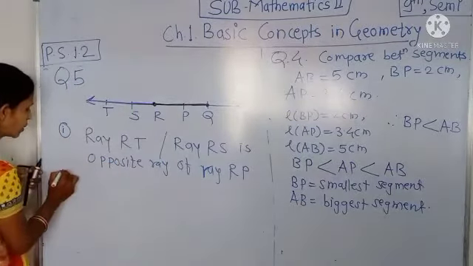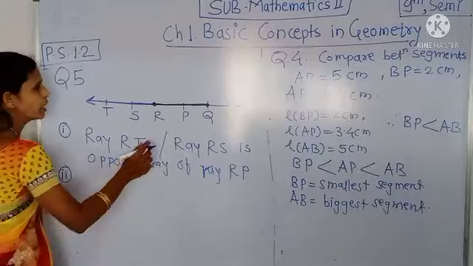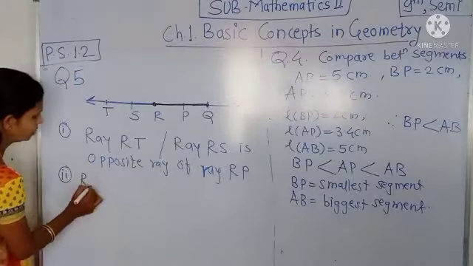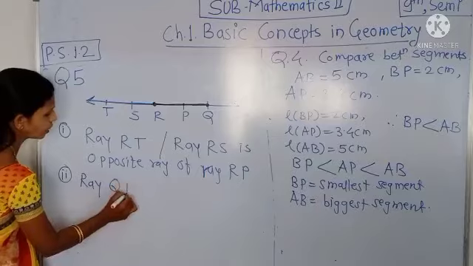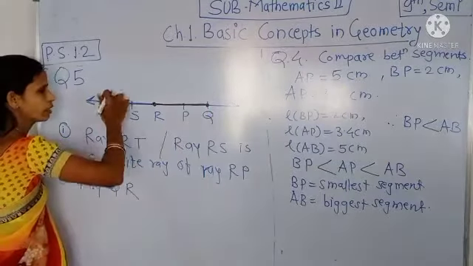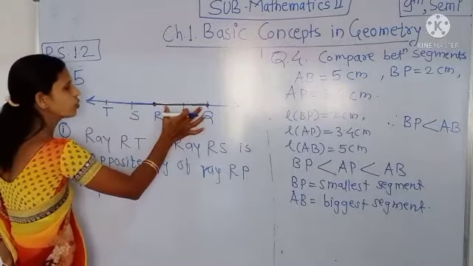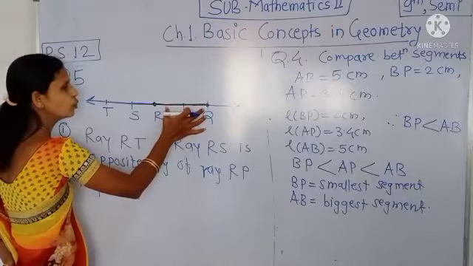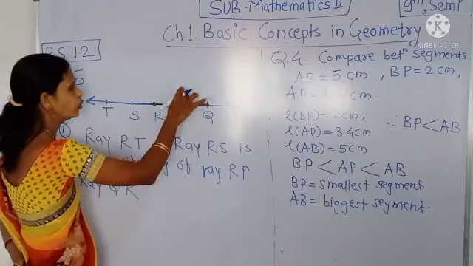The answer is ray QR, in which the points on segment QR are included.